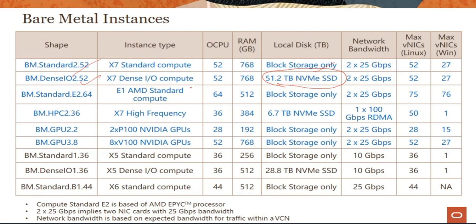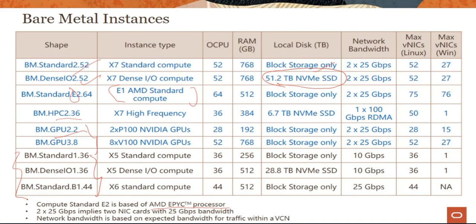You have shapes where we support AMD EPYC processors, denoted by E here. We have HPC shapes and a bunch of GPU shapes, and these are Gen 1 shapes. Again, we keep launching new families and instances all the time, so the best place to check is the documentation pages.